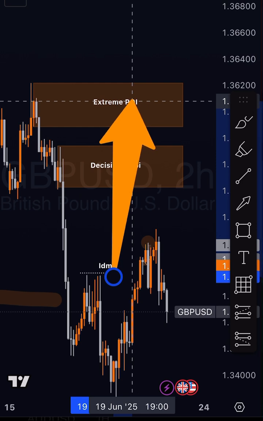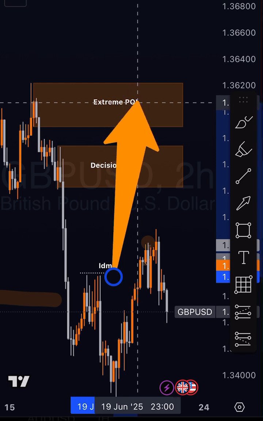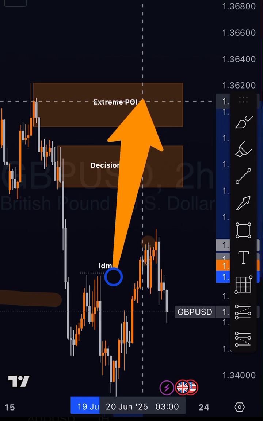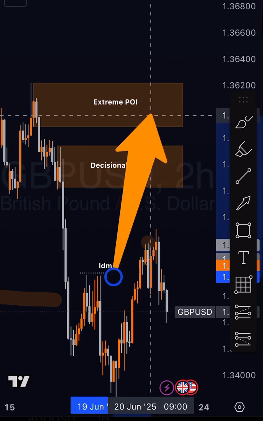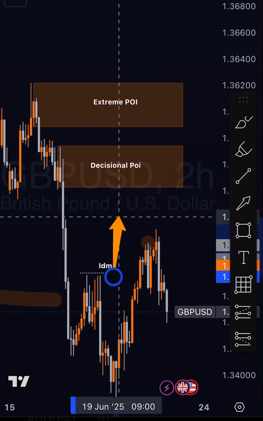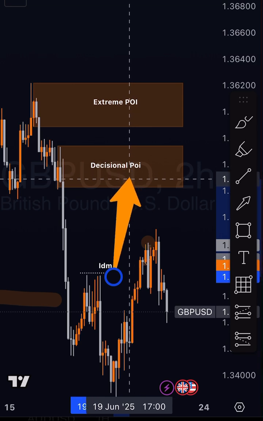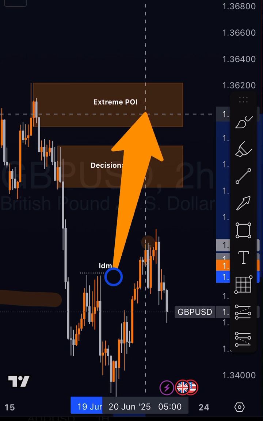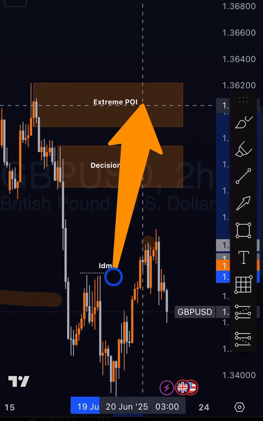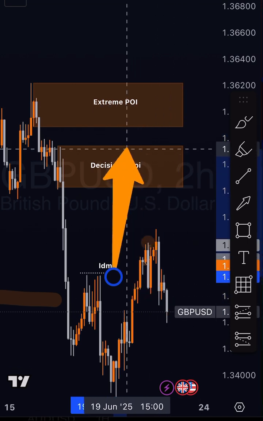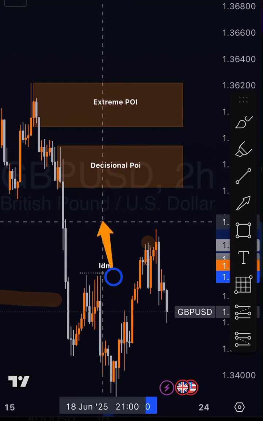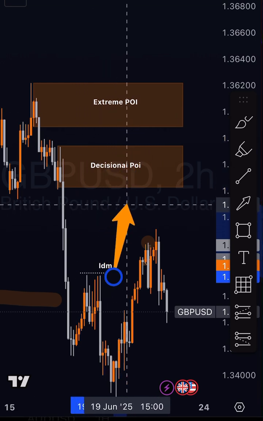In this case you can put the sell limit, because here the possibilities of the price turning or selling are very high compared to the decisional one. You know what I mean? Not saying you cannot wait for the entry. You can wait for the entry, but here the possibilities of the price going down or selling are very high, guys. Okay, so this is the setup that I'm looking for this week.